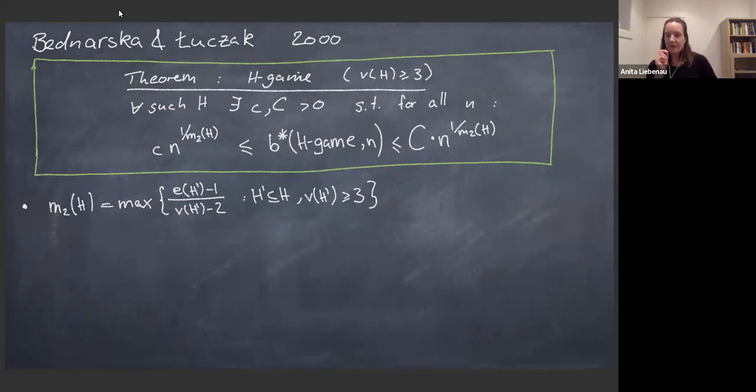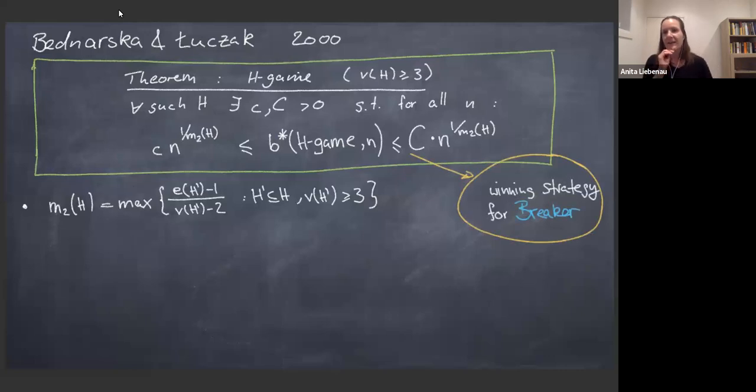And they proved that this threshold bias is of the order n to the 1 over m2(H), where m2(H) is the 2-density. We've written down the definition down there. It's a parameter depending on H. And well, the upper bound, as I said earlier, is always a strategy for breaker.